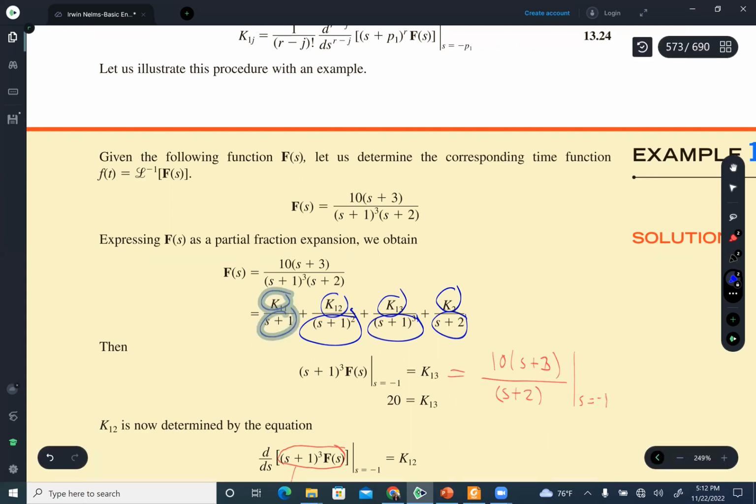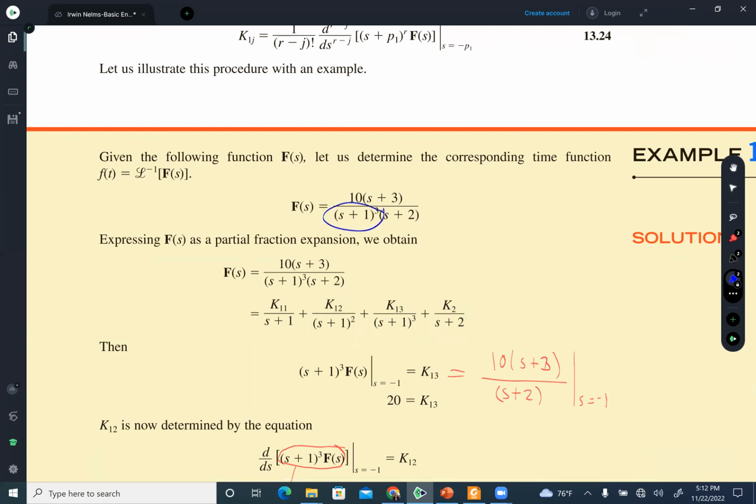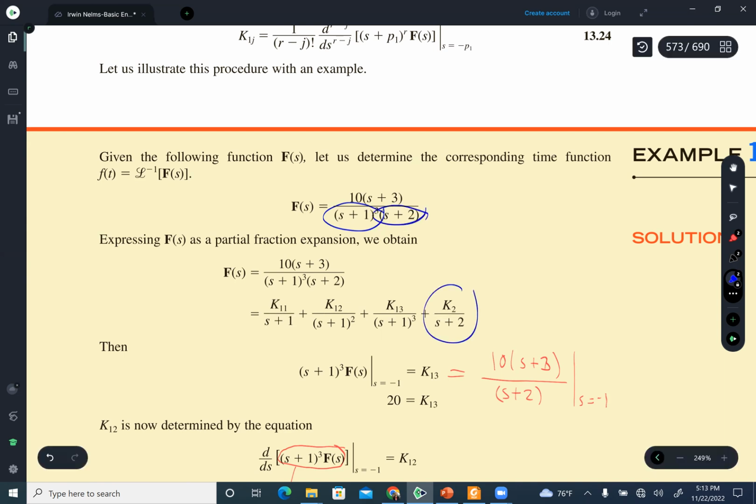So in other words, you always have a constant divided by a power of the term that has a power that's bigger than 1. And then you have a constant divided by the other term, right? And if there were other terms, for example, if there was an s plus 3 here, then here you would have plus k3 divided by s plus 3.